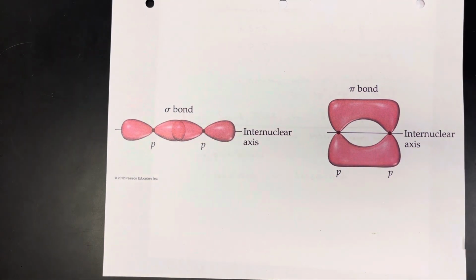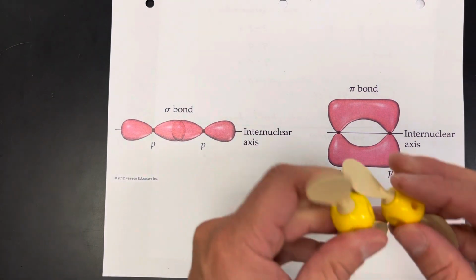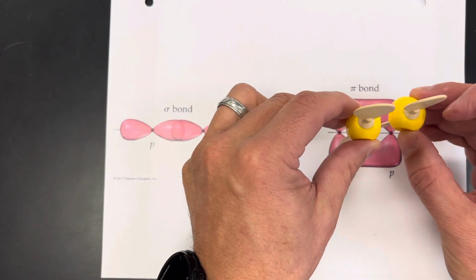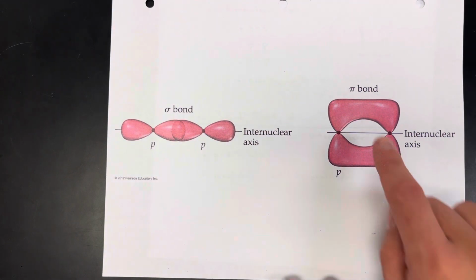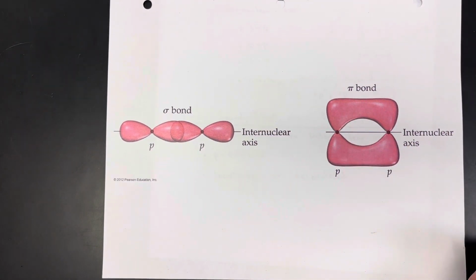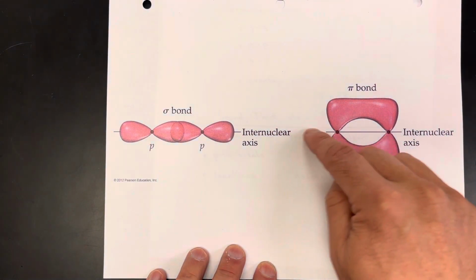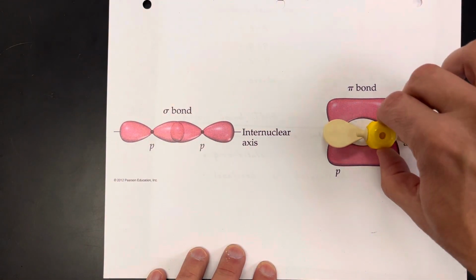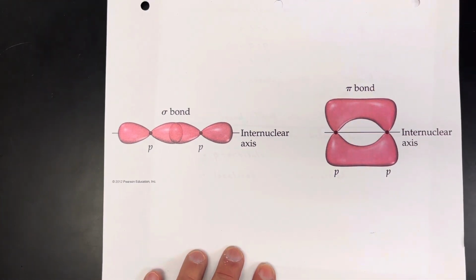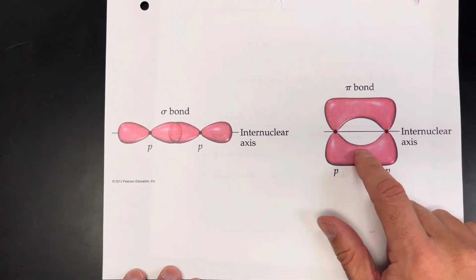But if these p orbitals are on the y-axis or the z-axis, as they get close to each other, we start to get some smearing or overlapping that is perpendicular. It's not occurring on the internuclear axis, it's occurring perpendicular to the internuclear axis. And we call those pi bonds.